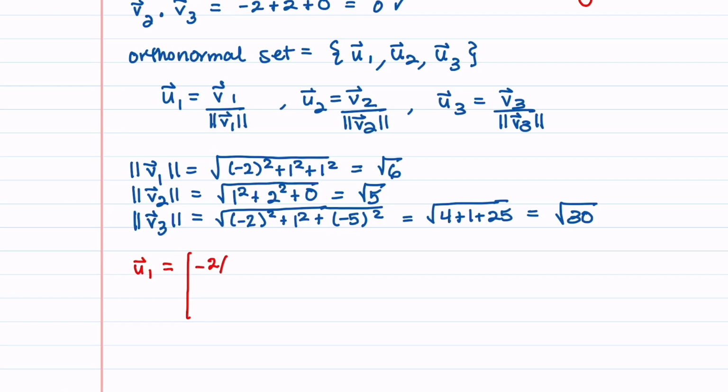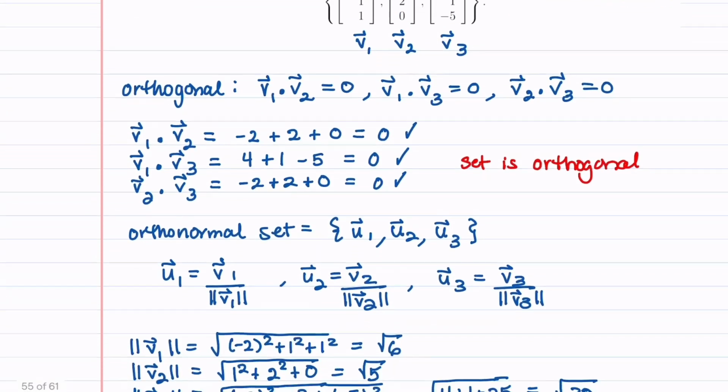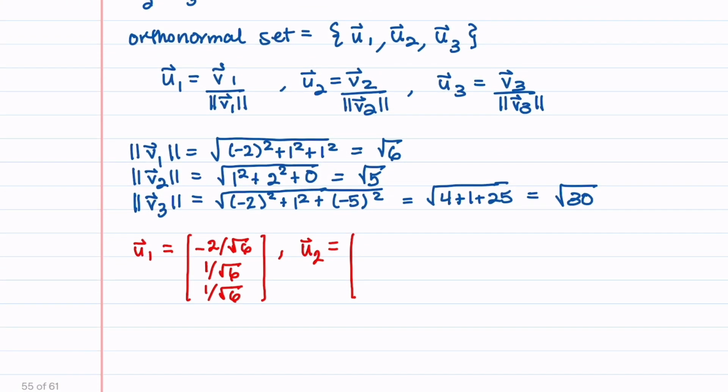So minus 2 over root 6, 1 over root 6, and 1 over root 6. And then our u2, we're going to have to divide every component by root 5. So that's a 1, 2, 0. So we have a 1 over root 5, a 2 over root 5, and then a 0.